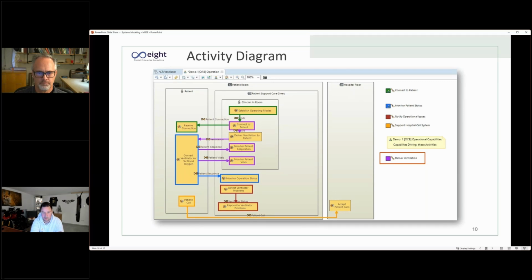So for example, we start with connect to patient, and the clinician is establishing operating modes, going further to connect to patient.